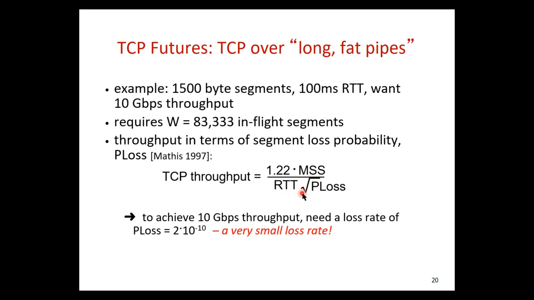If you plug in some values here, you can see. So here we have an example. If you want to achieve 10 gigabits per second throughput, we will need a packet loss rate of 2 times 10 to the power minus 10, which is an extremely small loss rate.